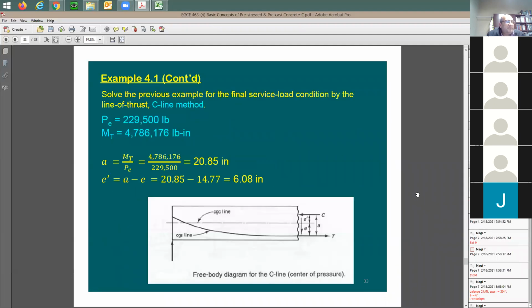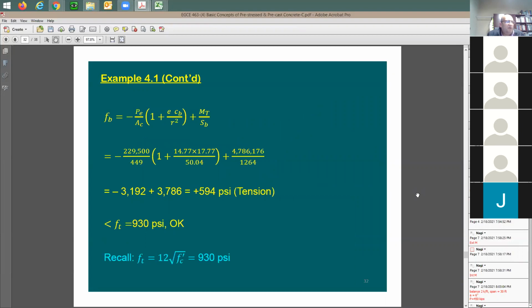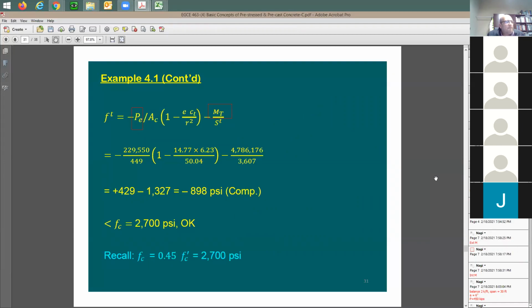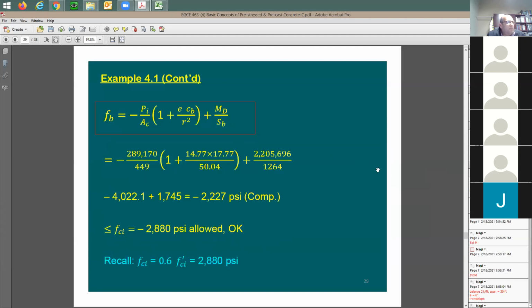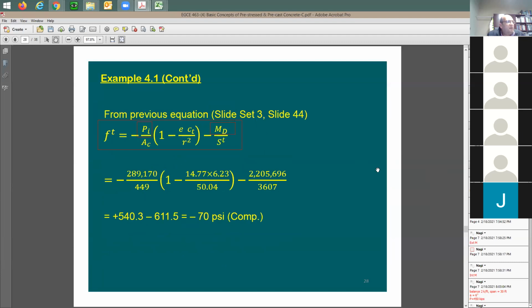Right after pre-stressing, I'm looking for the equation that contains F or PI, FPI or PI. This here is PE, this is going to be the service, right? M total. This is not the one. This is also PE and M total. No. This says final condition. Let me go back. Right, here we go.